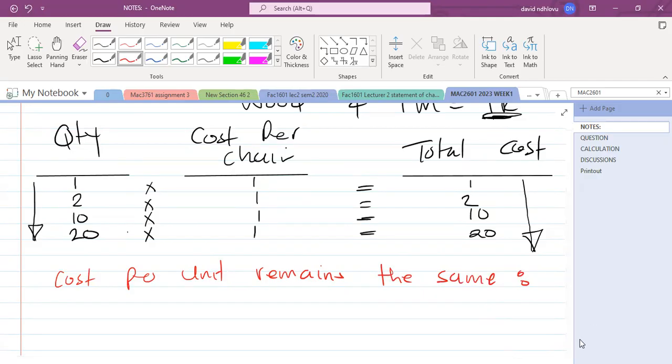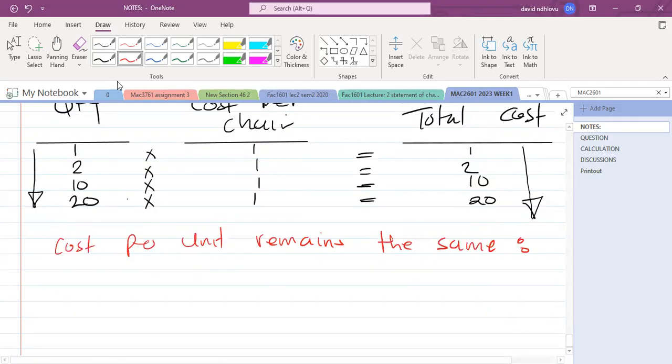Yes, it is. Right, then the final cost is a semi-variable cost. A semi-variable cost is also called a mixed cost.